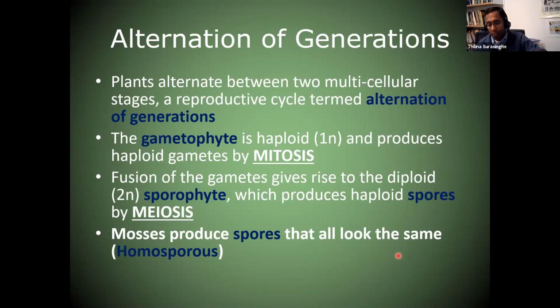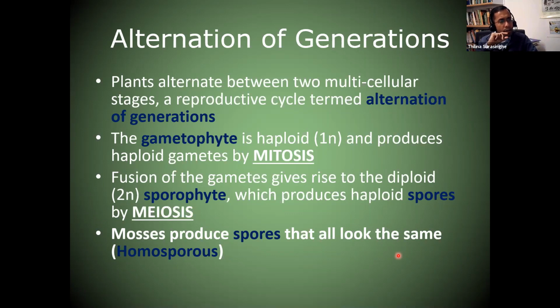Haploid, in short, is called 1N, because haploid refers to having a single set of chromosomes. The opposite is diploid, which is where you have two sets of each chromosome in your genome, right? So the gametophyte is haploid and it produces gametes, or reproductive cells, by mitosis.